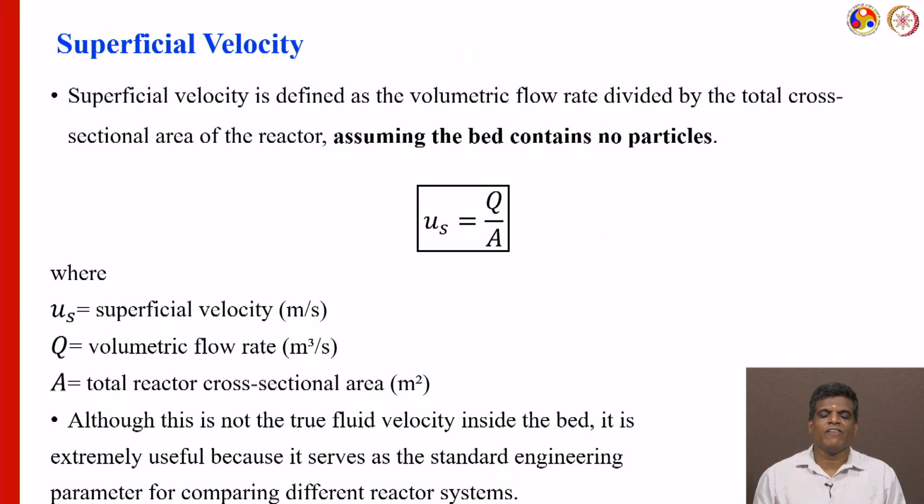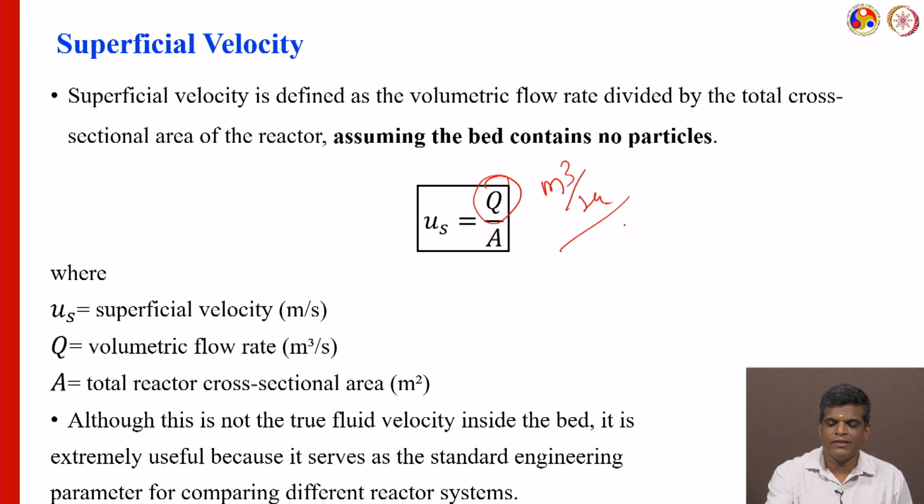What is superficial velocity? Superficial velocity is defined as the volumetric flow rate, in meter cube per second, divided by the total cross-sectional area of the reactor, in meter square, which gives meter per second.